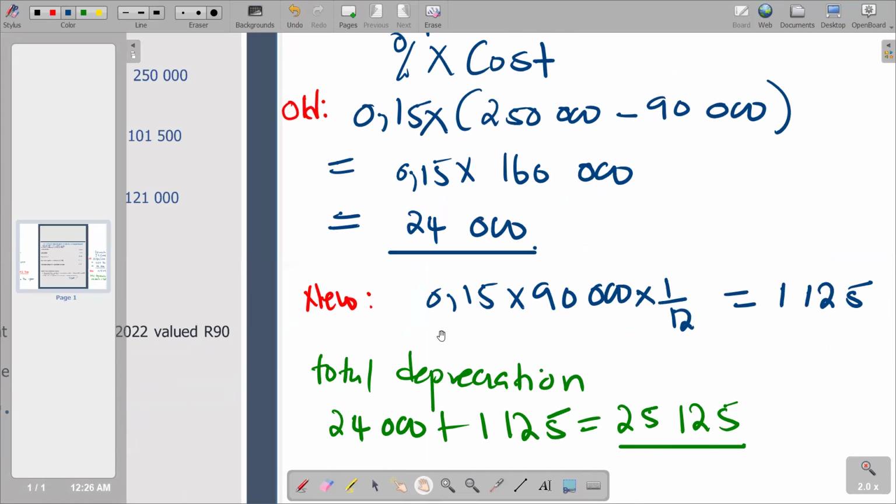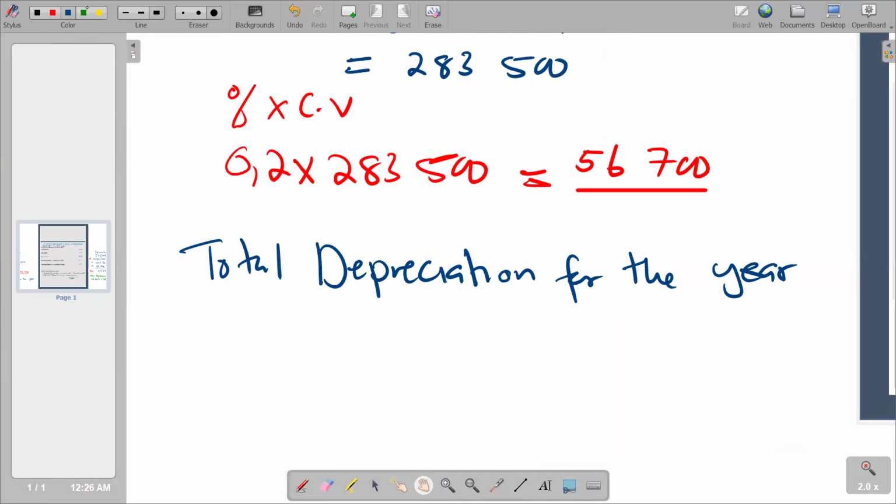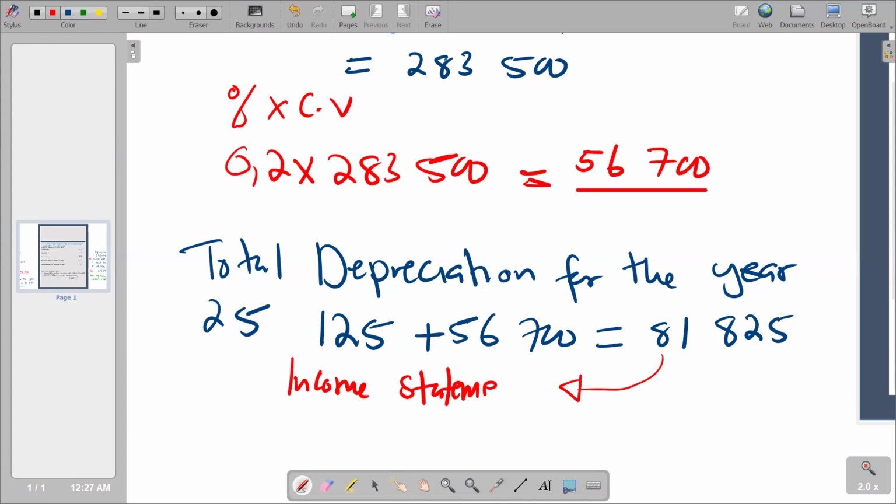So we're going to take 25,125 as our total, and then we add the vehicles, and then the depreciation that we get becomes the total depreciation for the year for the business. So if we add there, you're going to get your answer is 81,825. So this is the amount that is supposed to go to the profit and loss or the statement of comprehensive income, the one that is supposed to go to the income statement.